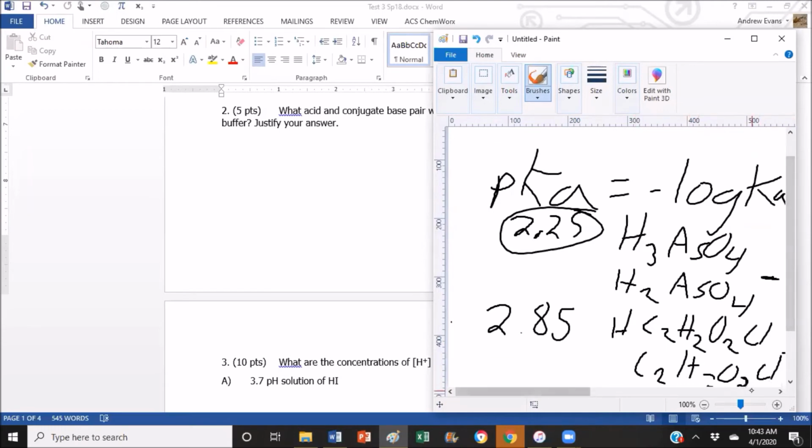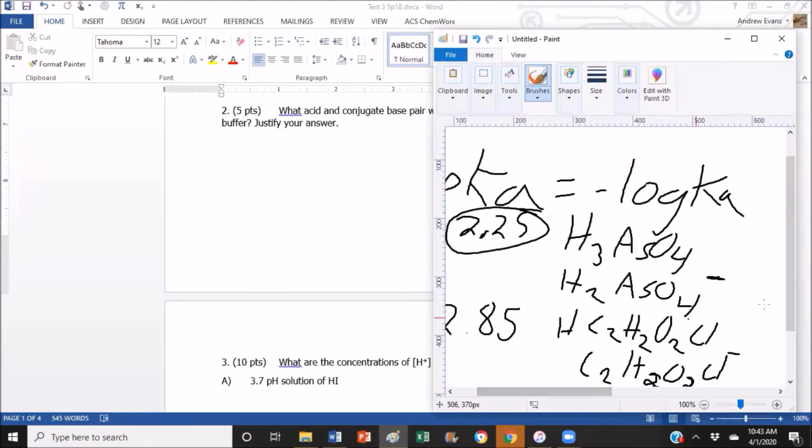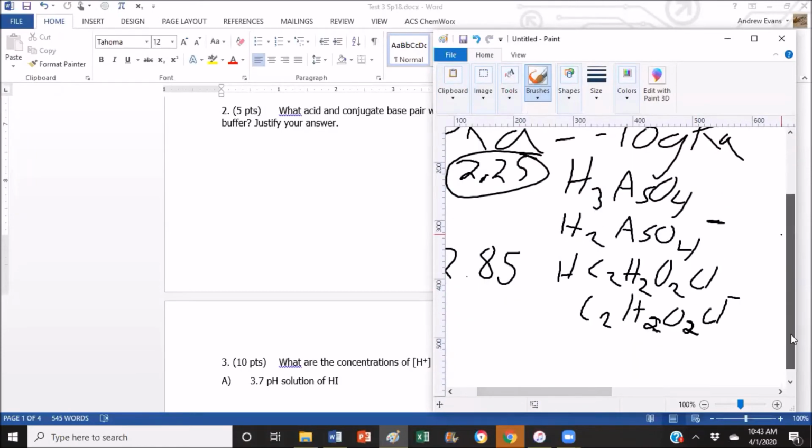I removed my H from the front, so those are the 2 compounds I would use. That would be within plus or minus 1 pH unit of 2.7. And I could keep going and find various different ones that would work.